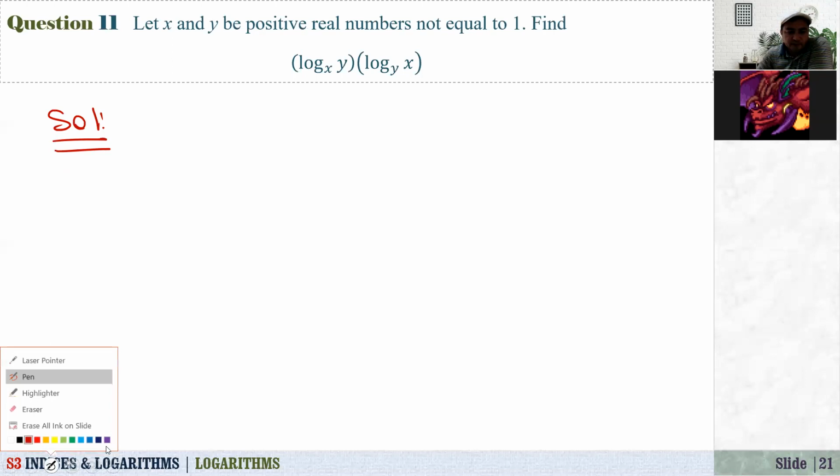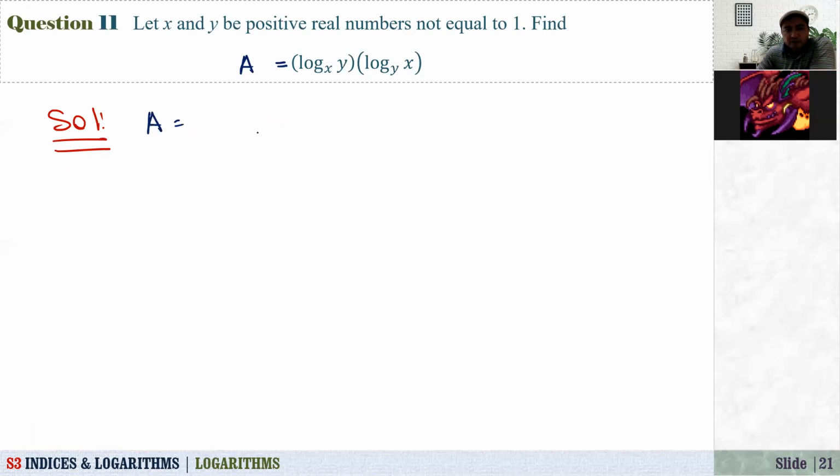Let me label this expression by capital A. So A will be equal to logarithm of x to the base y over, using that property, logarithm of x to the base y. So it's just equal to 1, whatever they are, since they are not equal to 1.